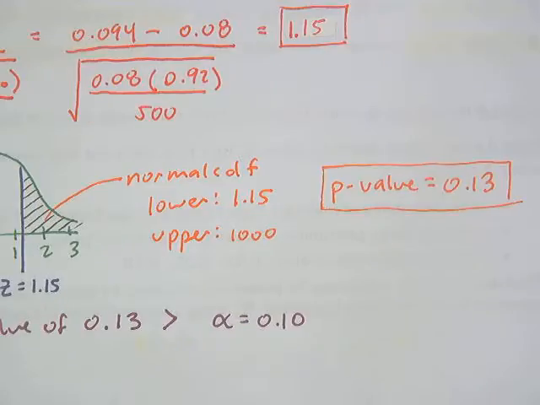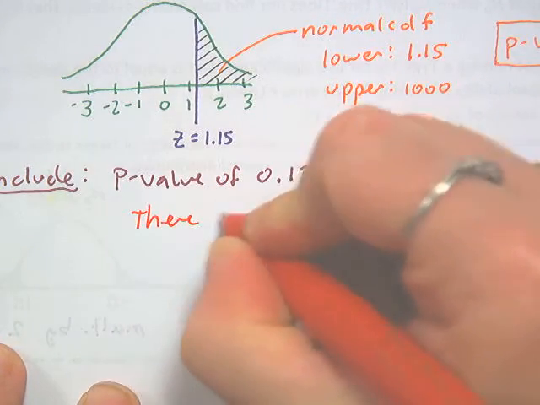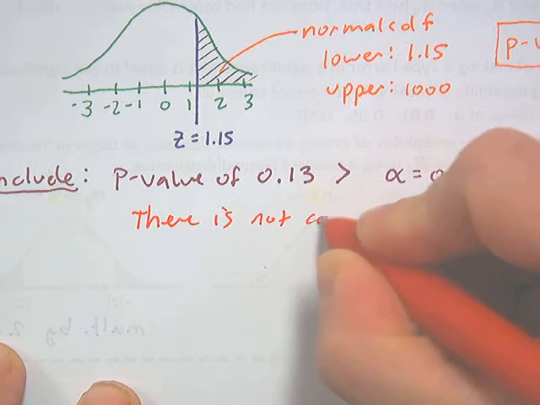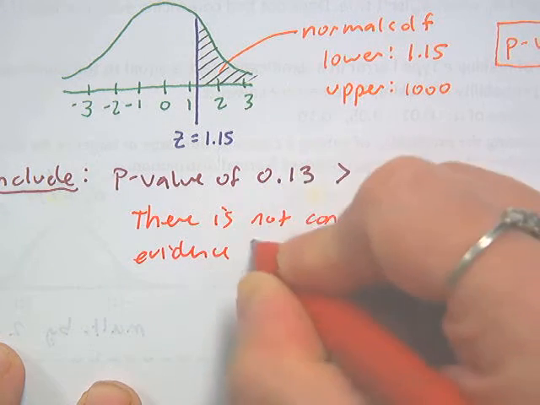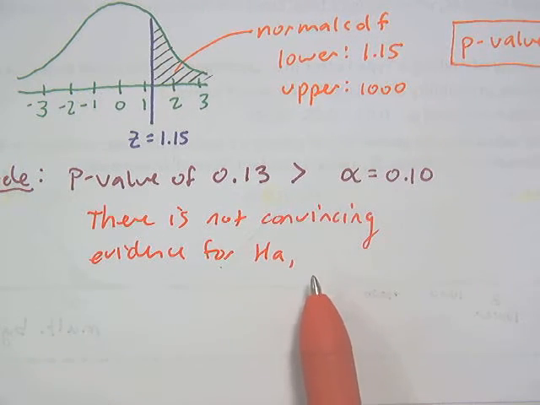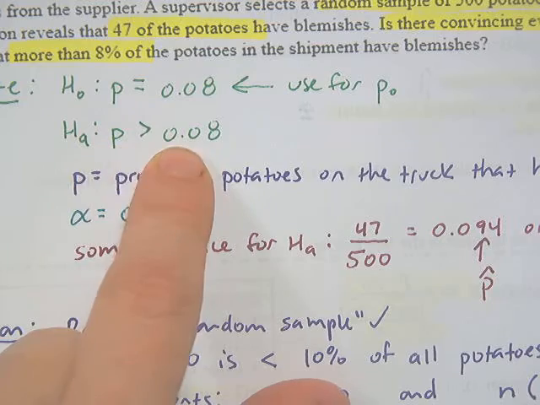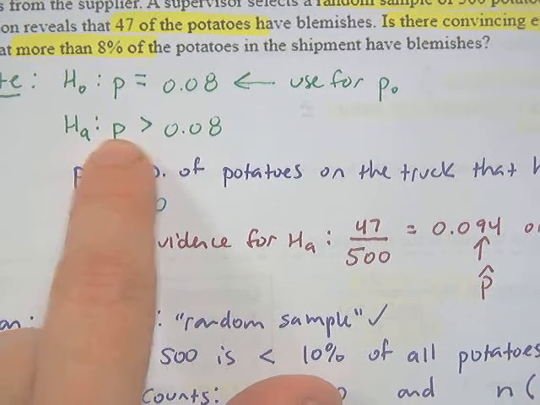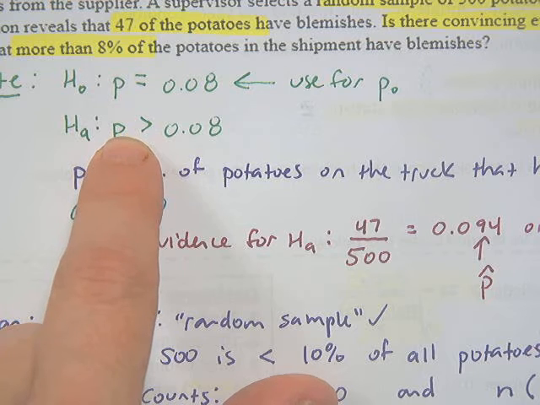There is not convincing evidence, which is great. Maybe I'll give you a couple of points if you can write that much. But I want it in context of the problem. So don't lose sight of what this whole problem is about. It's about the alternative hypothesis, which is, are there more than 8% of potatoes on the truck that are bad? Well, there's not convincing evidence of that.